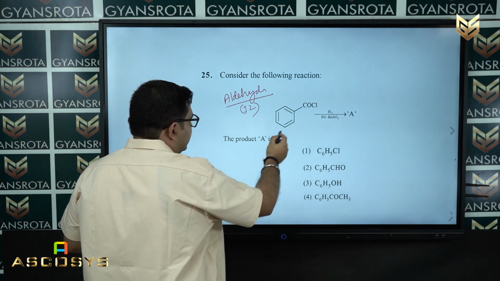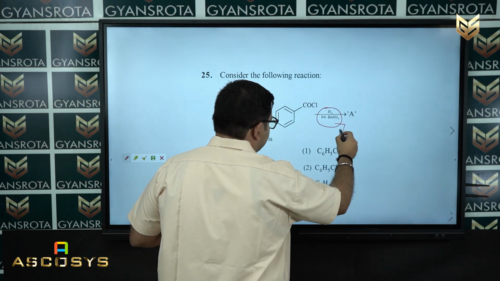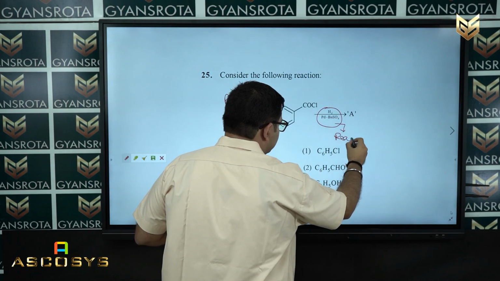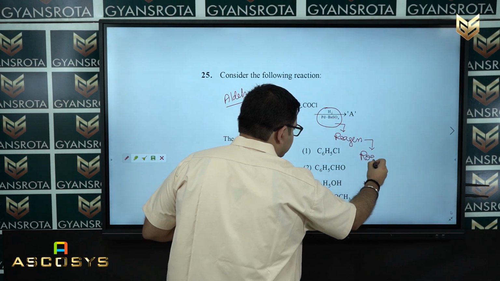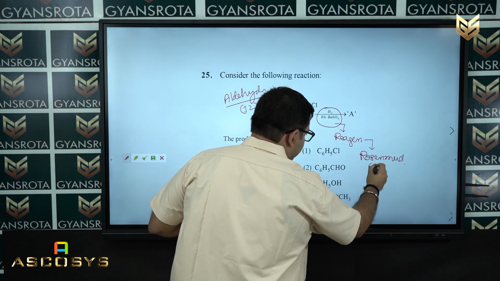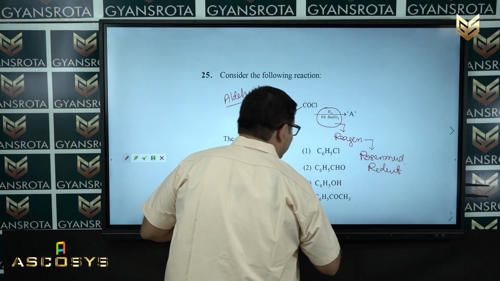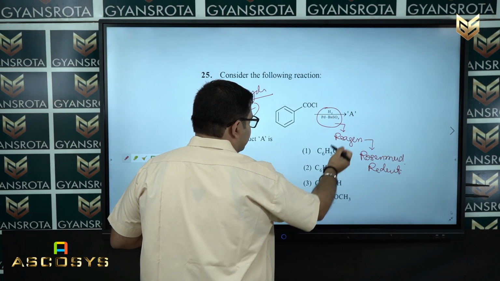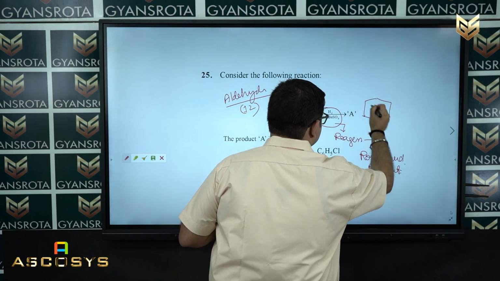Now, this reactant reacts with this reagent, which is basically used for the Rosenmund reduction reaction, and we all know that in the Rosenmund reduction reaction the product is an aldehyde. The structure of A looks like this.